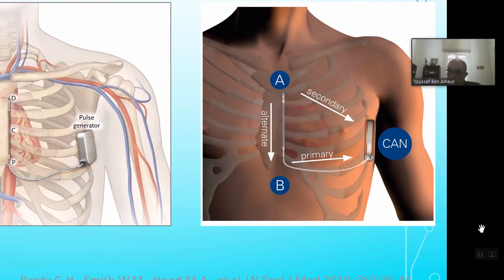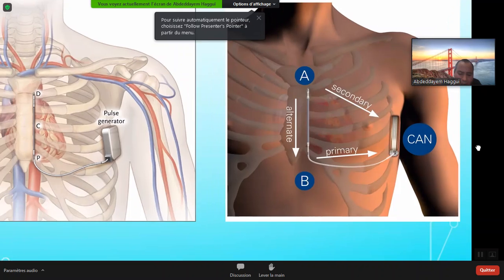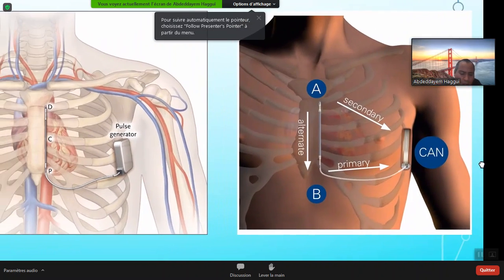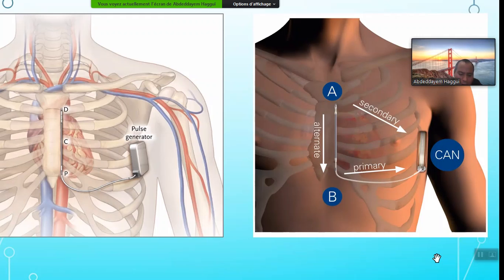The can is located at the level of the left axillary region. The lead has two portions, one horizontal parallel to the fifth intercostal space and one vertical along the left edge of the sternum, more rarely the right lateral edge of the sternum. This position allows generating three vectors called primary, secondary, and alternative.